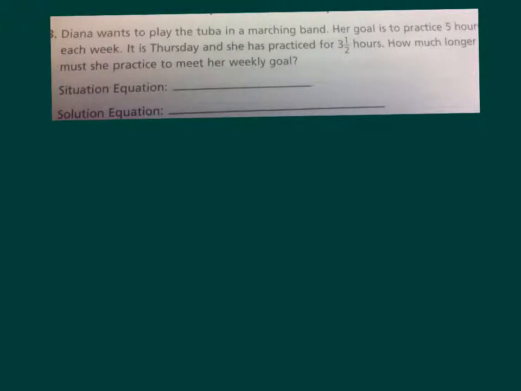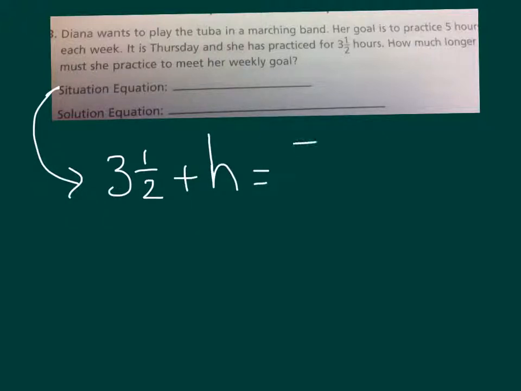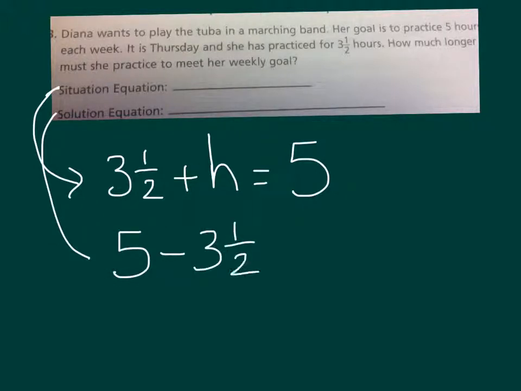So I'm going to do the situation equation first here. She has done 3.5 hours. She needs to do some more, I should maybe say more hours, to get us to 5. And then the solution equation is she has to be at 5. She's already done 3.5, which leaves her with how many more hours?